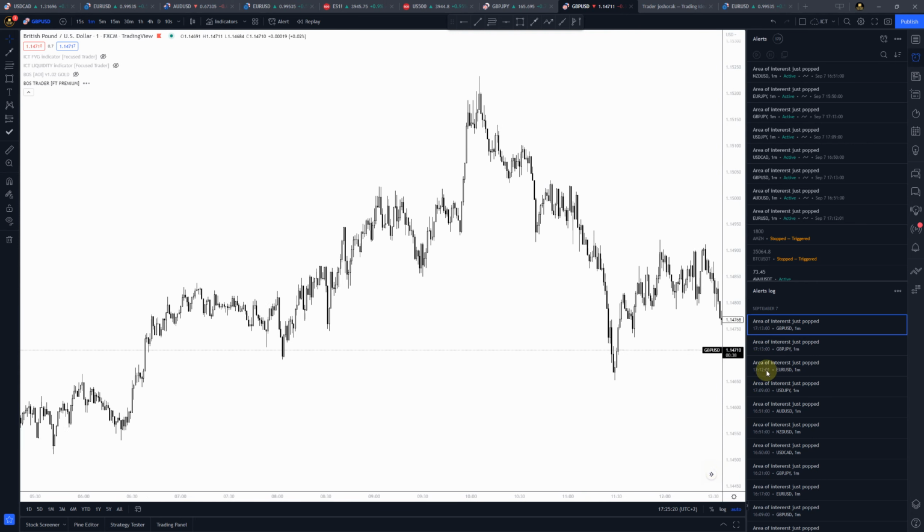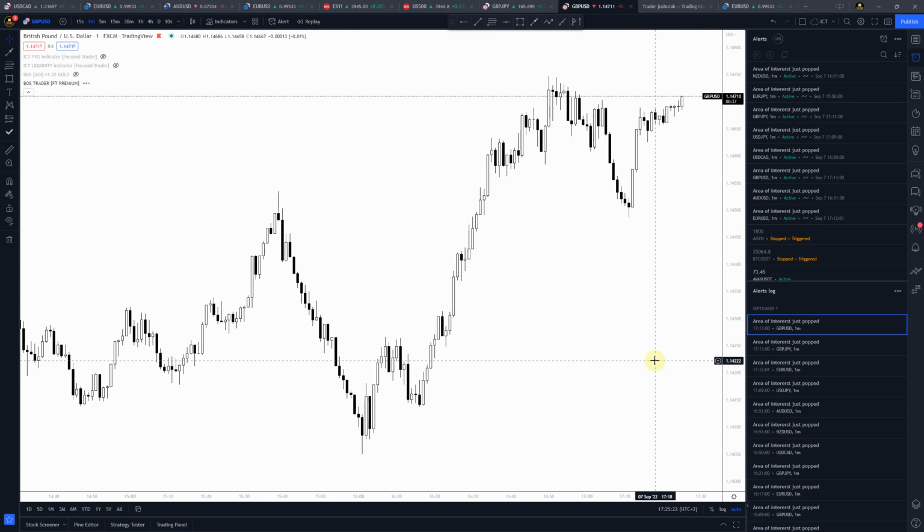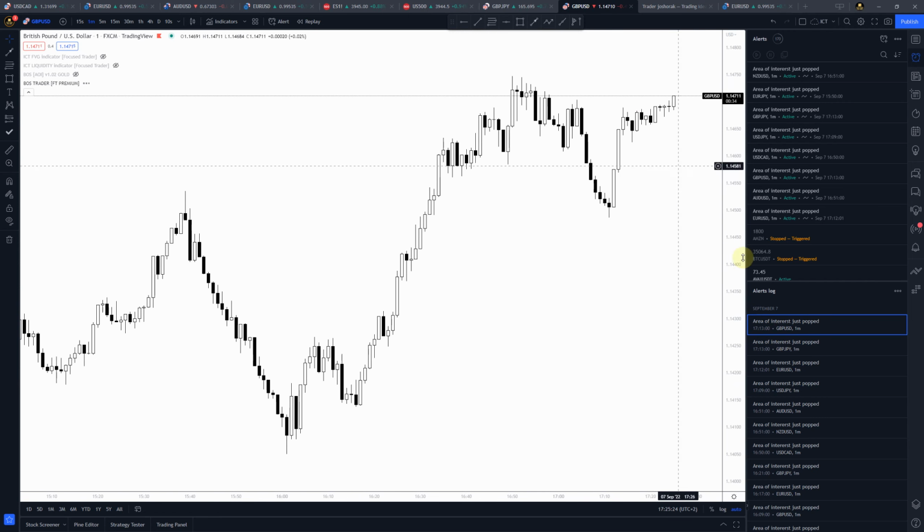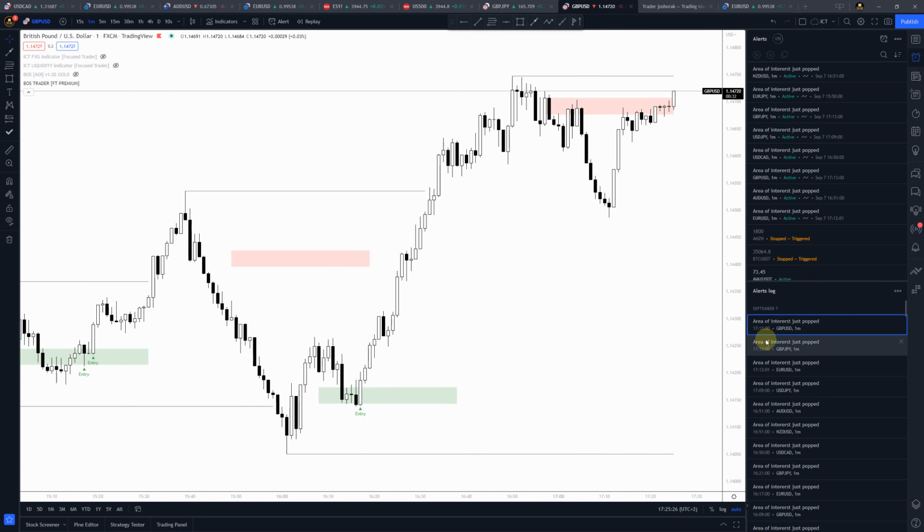So right now, if I go to somewhere here and wait for it to load, it will probably show me the area of interest popped in this time. But remember, the indicator remembers the settings when you set alerts.